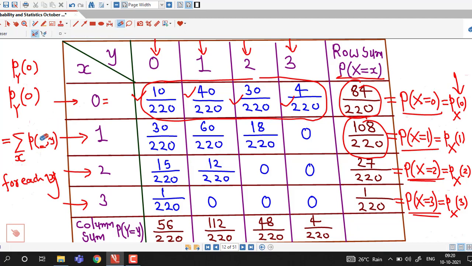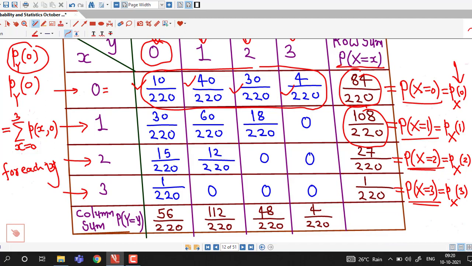So if we consider y equal to 0 here, then we have p of x 0 and x is from 0 to 3. That is, if we are interested in the value of the probability mass function of y at 0, then we have to sum all these probabilities.